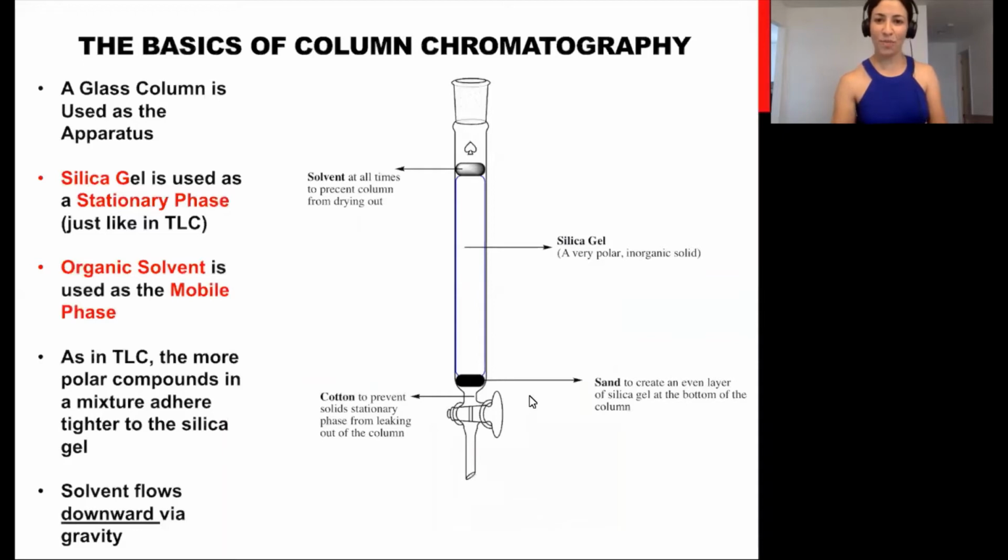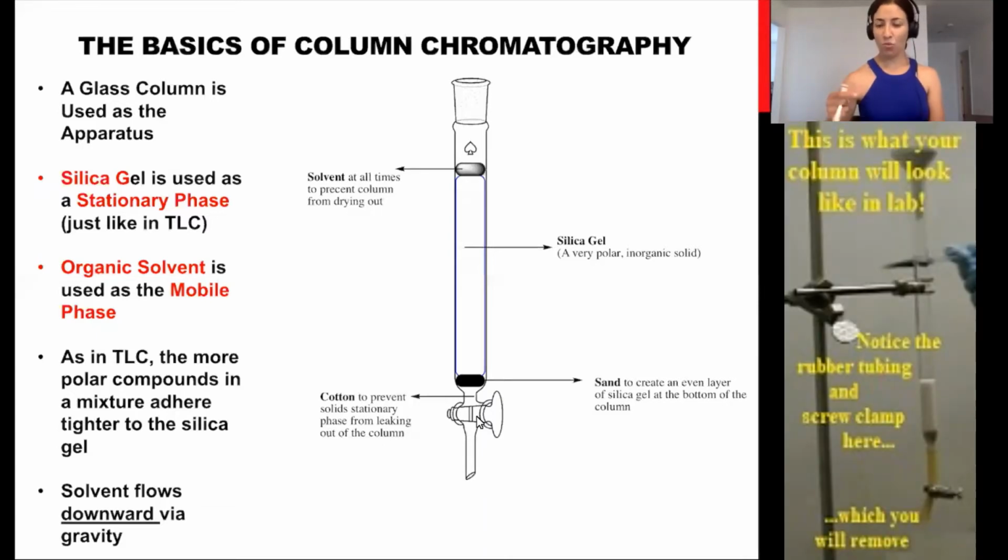Okay, so when we consider a column chromatography setup, it's a little different than the beaker-based developing chamber we used for TLC. So I want to start by taking a look at all of the components here that we need to make a column chromatography apparatus. So instead of using a plate, for column chromatography, we're going to use a glass column. And that glass column is going to have a plug at the bottom and some version of a tube that can be opened and closed to allow the flow of mobile phase through.